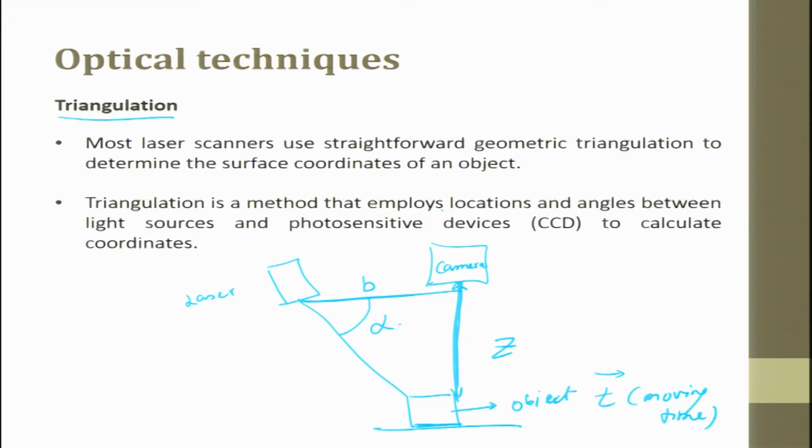Triangulation is a method that employs locations and angle between the light source and the photosensitive CCD to calculate the coordinates. So, the object coordinates x, y, z can be calculated by using this triangulation technique.